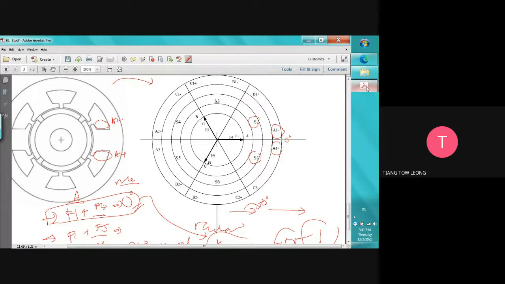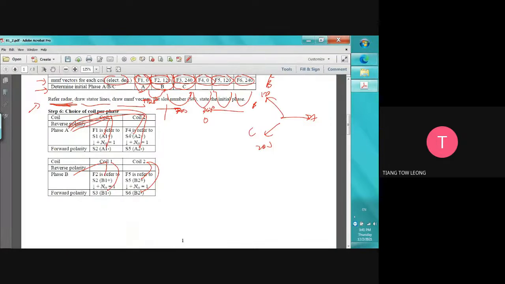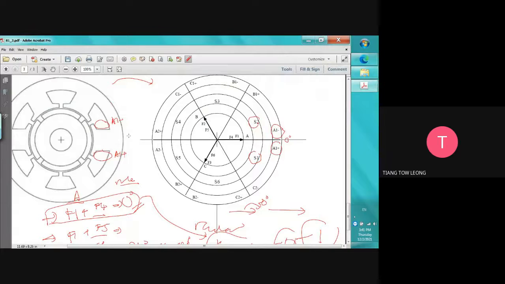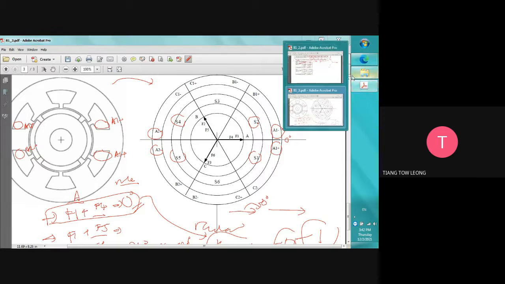Okay, and then 4 to 5 is 2 plus, 2 minus, so this one is A2 plus, A2 minus. Boleh faham sini? Boleh Dr. Okay, thank you so much.